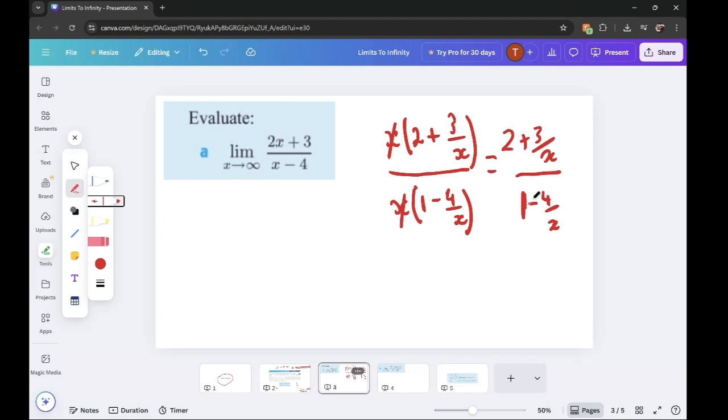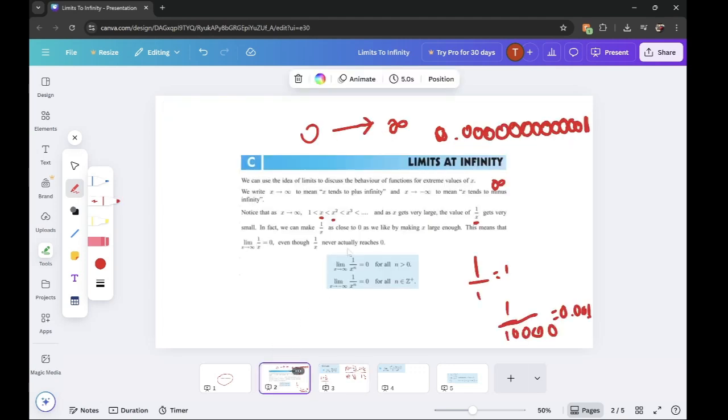You must be wondering, the x is still there, so how do we proceed? Once we try plugging in infinity again, we get 2 plus 3 over infinity, over 1 minus 4 over infinity. Infinity is so large that any number given at the top tends to 0.